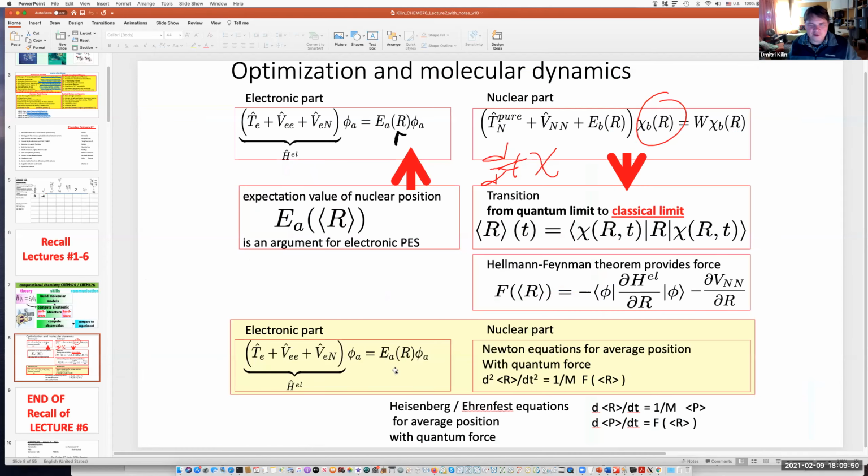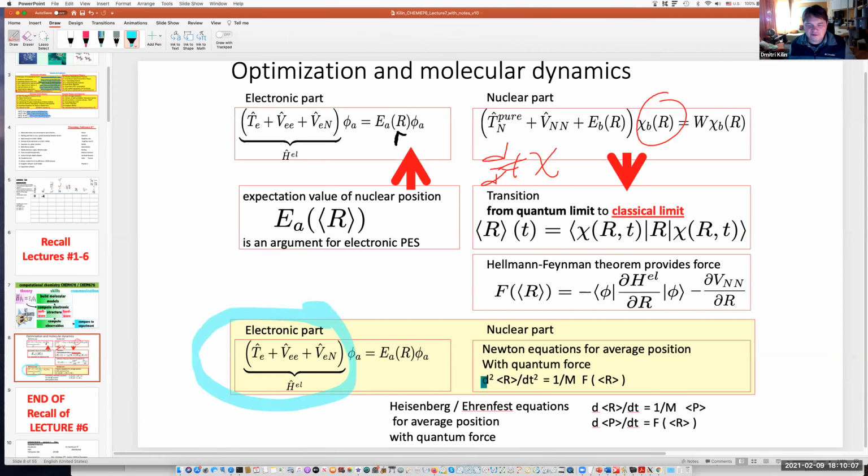And the last thing before we went to the presentations was this table with chopping electronic and nuclear degrees of freedom and treating electronic degrees of freedom on one hand and nuclear degrees of freedom on the other hand. And we came back through the Ehrenfest theorem to an equation that looks like Newton's equation of motion, but here the force is computed taking into account quantum contribution from nuclear degrees of freedom.